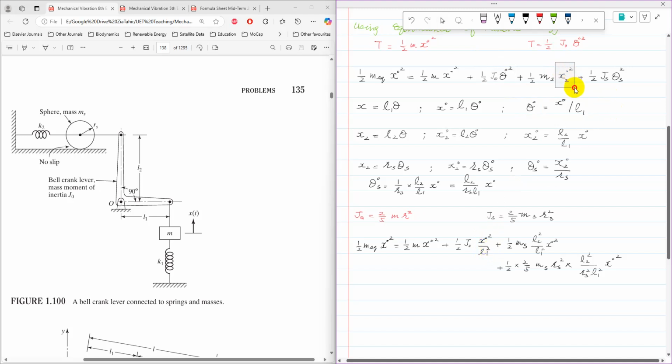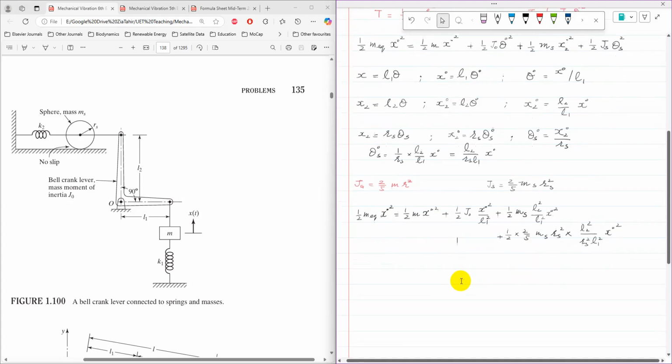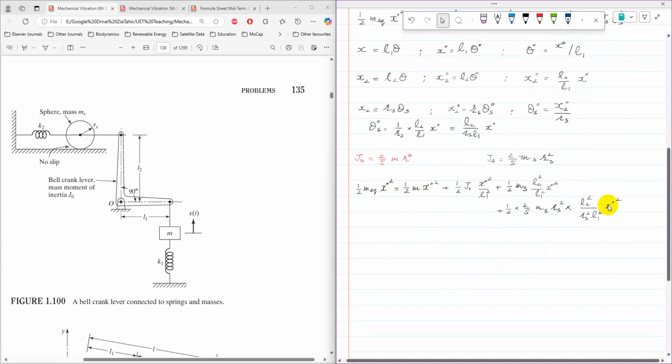In the third term, x2 dot can be substituted, so it becomes half ms L2 squared over L1 squared x dot squared. Then I can substitute the value of Js and the expression for theta s. All four terms on the right hand side have half x dot squared, so I can take half x dot squared as a common factor and cancel it with the left hand side.